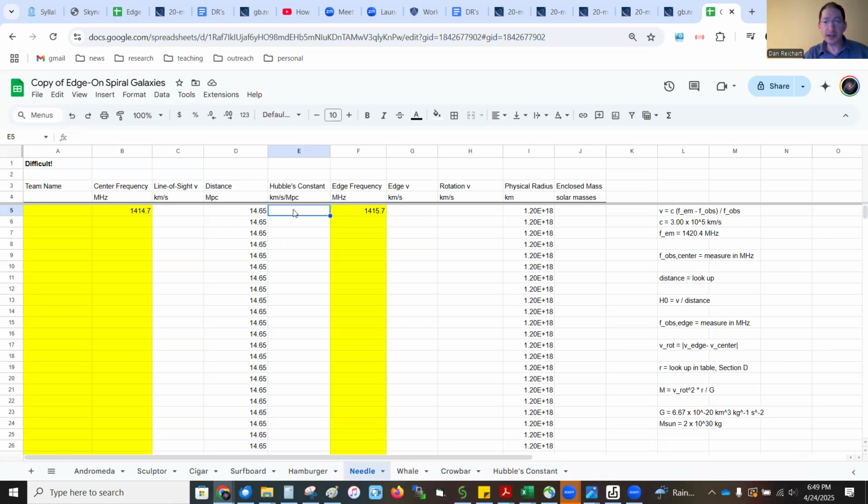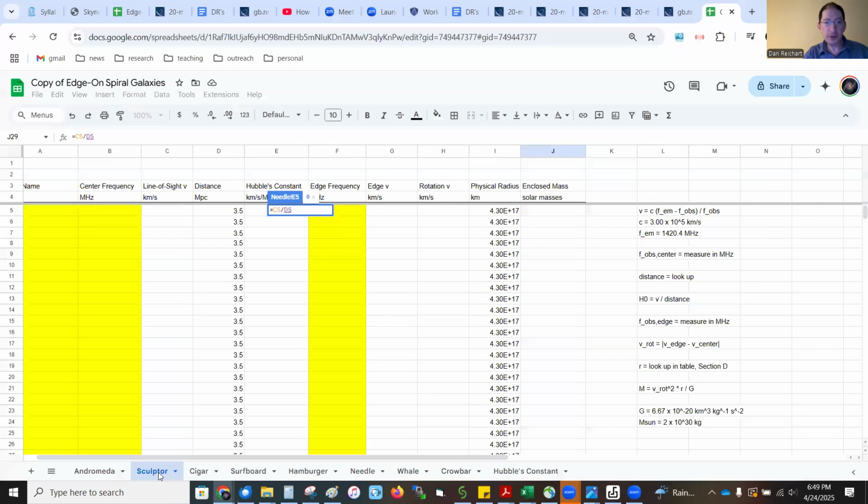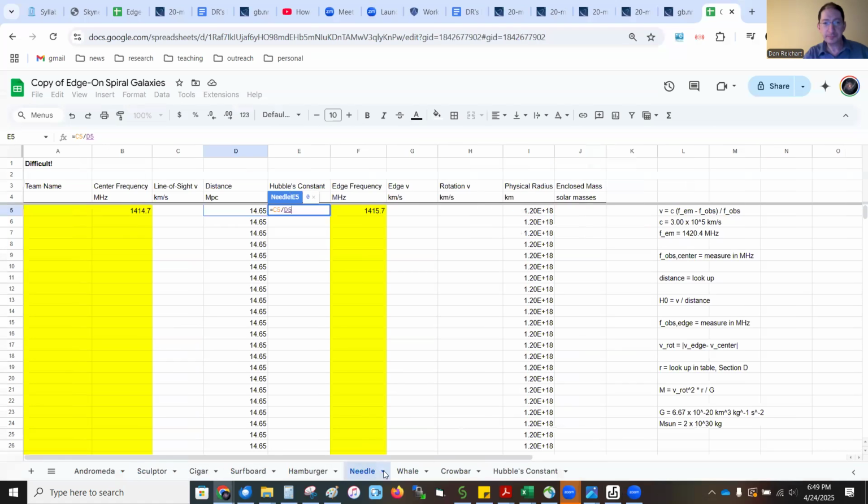And so Hubble's constant, it's written here as well, but it's just the recessional velocity divided by the distance, which I've provided. And each galaxy has its own different distance. Here's the hamburger at 11, Sculptor at 3.5. Anyway, we take that ratio, and that will give you Hubble's constant from a single galaxy.